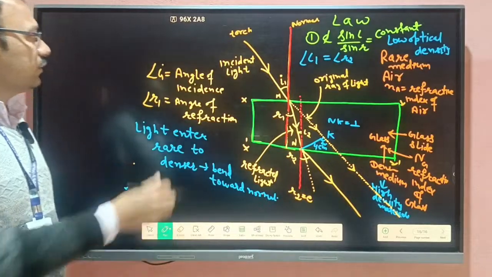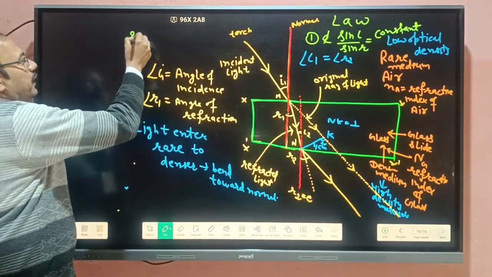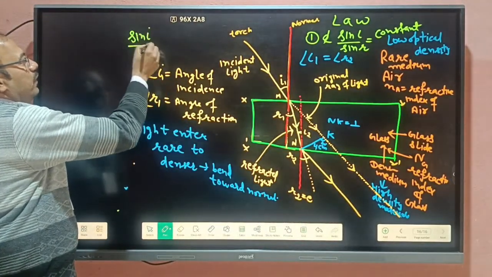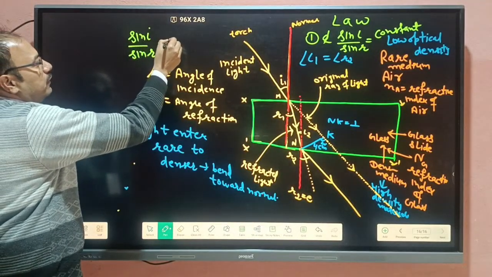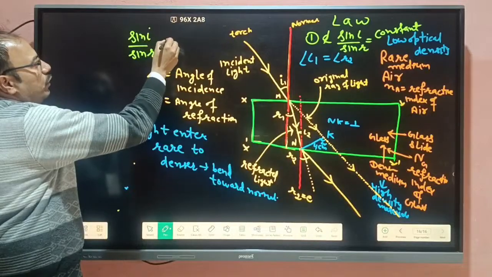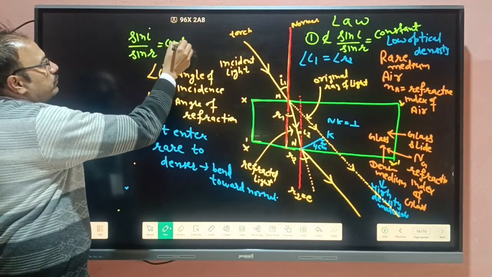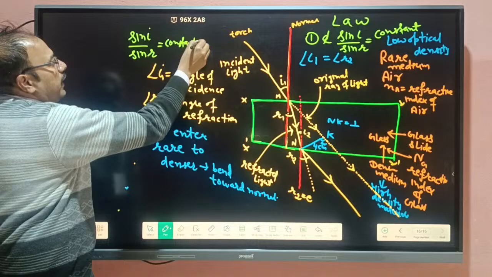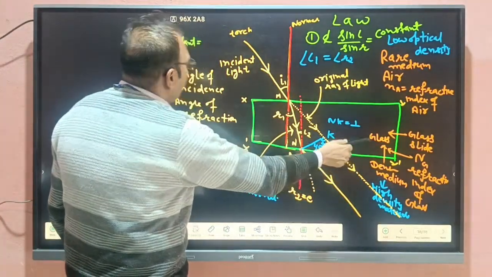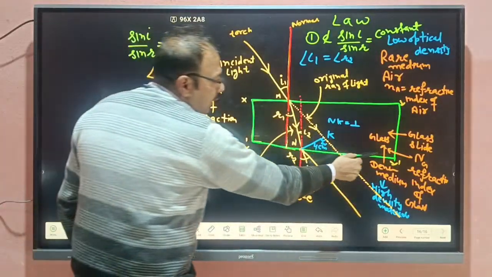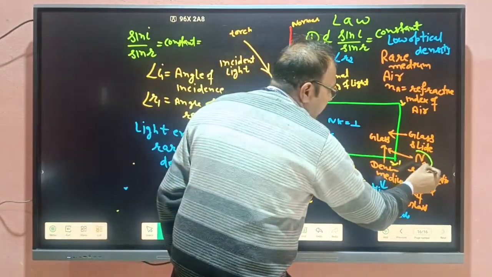It is the refractive index. So simply we write sin I by sin R is equal to a constant, K, and that is equal to the refractive index of the denser medium with respect to the other. What is the refractive index of the denser medium, glass? That is Ng.